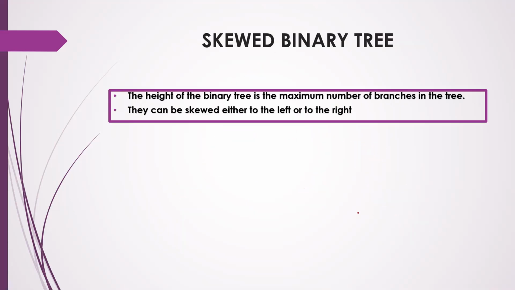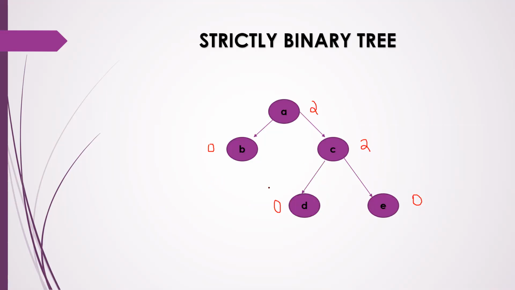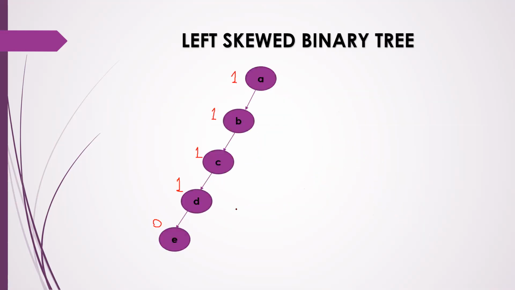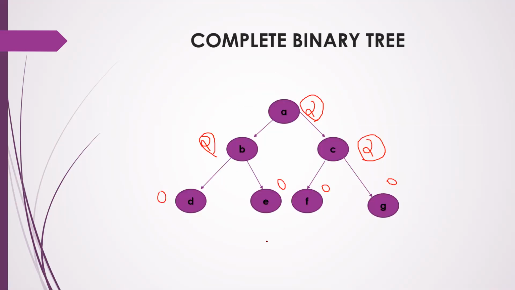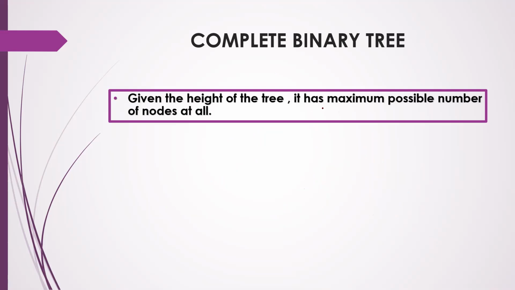As you have seen in the strictly binary tree, we have some space for B. You can add 2 nodes here after B, right? But as you can see, it is well packed here. It is a complete binary tree. So given the height of the tree, it has the maximum possible number of nodes at all levels.